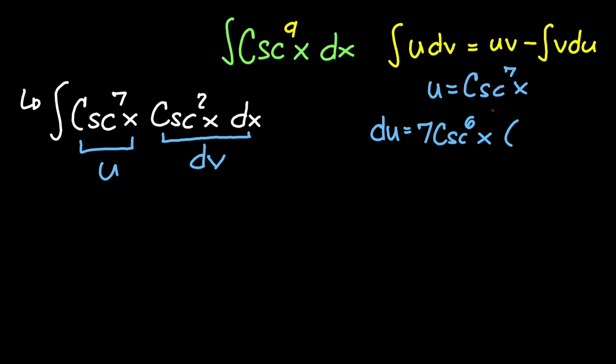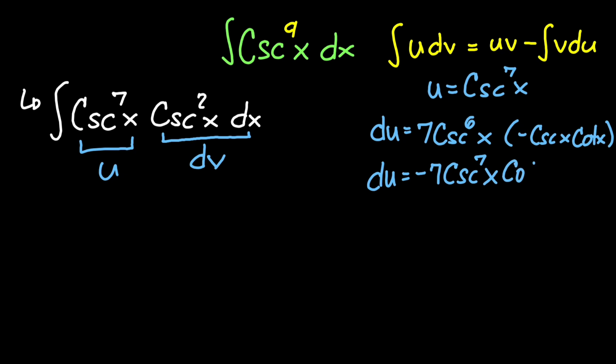The derivative of cosecant of x would be equal to negative cosecant of x multiplied by cotangent of x. We can simplify this by combining the cosecant, making du in here be negative 7, because it has a negative there, cosecant to the power 6 multiplied by cosecant would be cosecant to the power 7 of x, and multiply this by cotangent of x. So this would be our full du value.